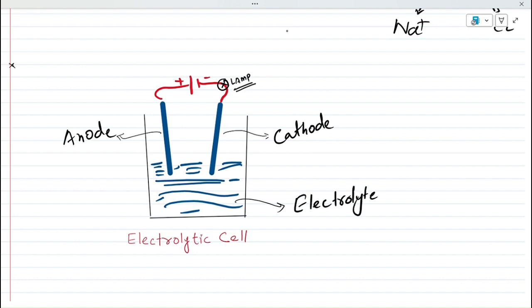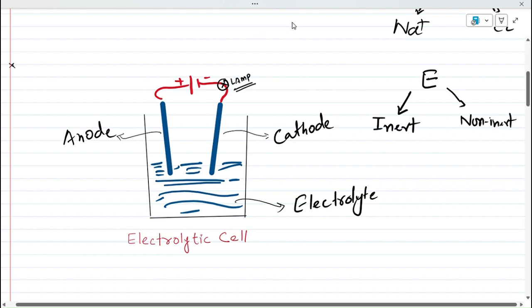So this is the typical construction of the electrolytic cell, made up of positive and negative electrodes, cathode and anode, and the electrolytic solution. The electrodes are of two types: inert electrodes and non-inert electrodes.